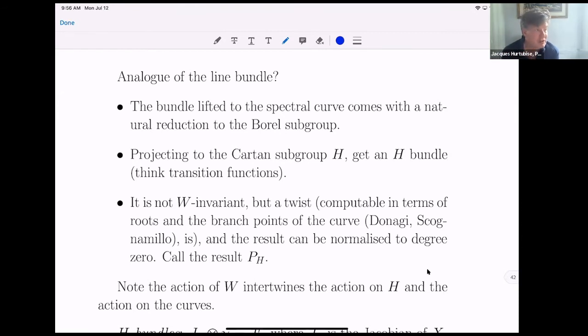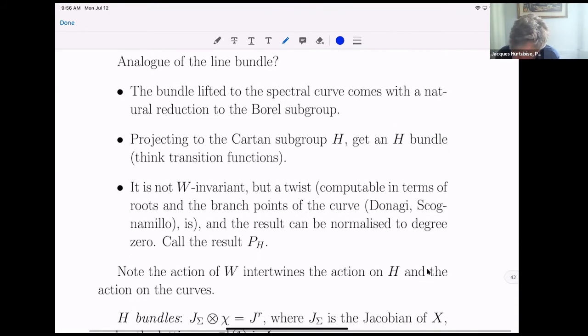If I have transition functions for a bundle with values in a Borel, I can project from the Borel to the Cartan and get an H bundle. It's not invariant, but there's a twist, and it's computable in terms of roots and branch points and things. This is Donagi and Markman. And let's take the result to be normalized to degree 0 and call the result P_H.